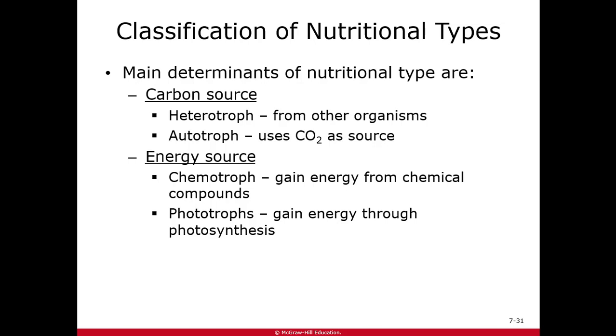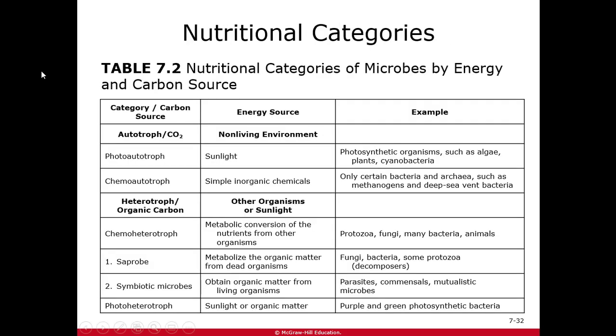Now, we smush these words together, and we can describe an organism based on where it gets its carbon and where it gets its energy. For example, photoautotroph: it gets its carbon from carbon dioxide, and it gets its energy from light. A chemoautotroph gets its carbon from carbon dioxide, and it gets its energy from chemical breakdown.